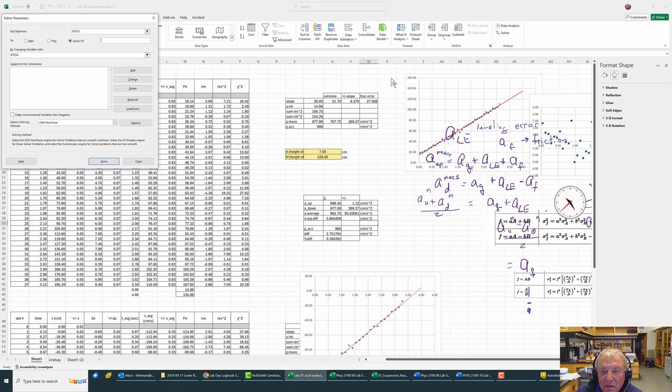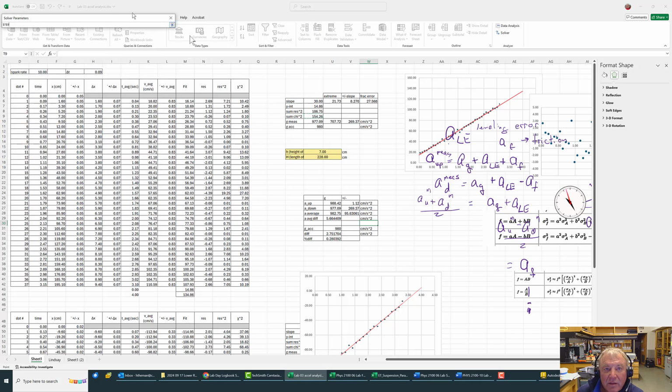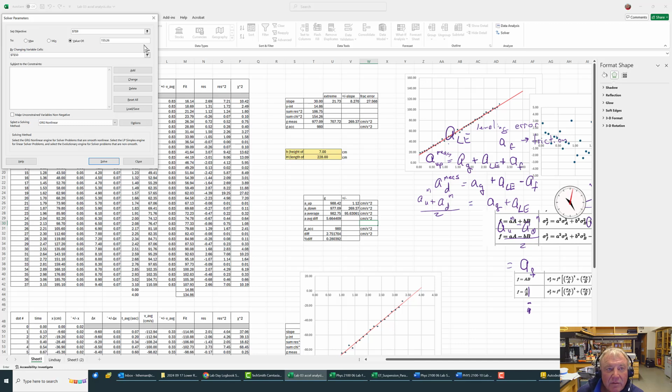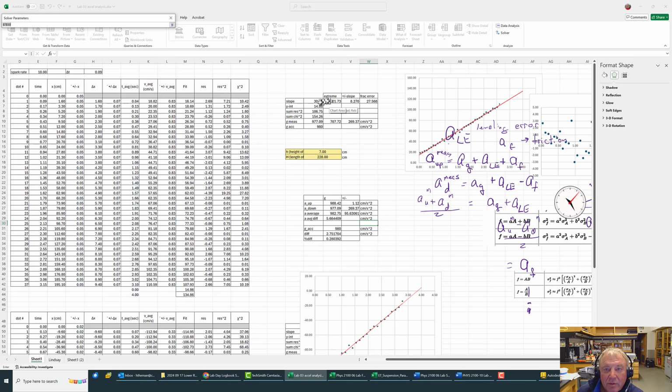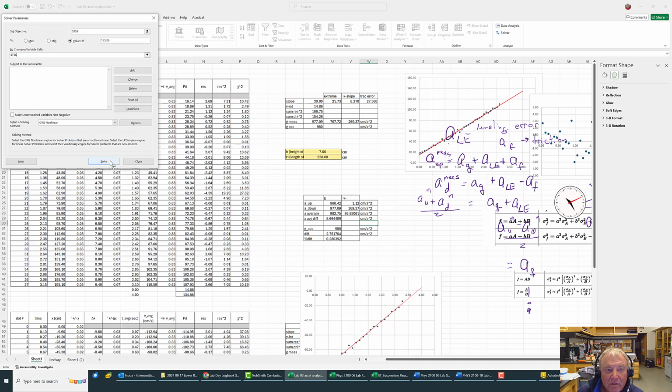Okay. So the sum of the chi-squared is 155.26. And it's this chi-square, sum of, and then all I want to do is vary the slope. And then I say solve.